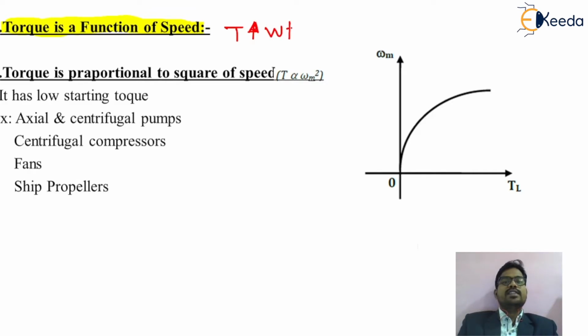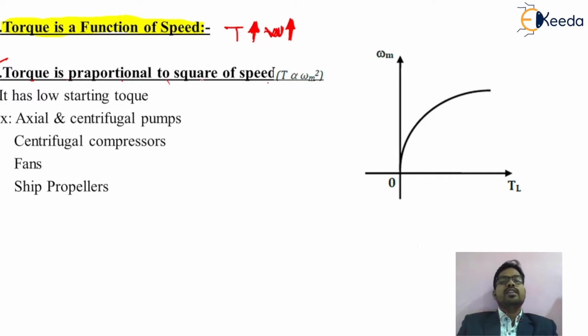First case, torque is directly proportional. What do you mean by the torque being directly proportional? If we increase the speed, the torque obviously increases. It is the first method, that is, torque is proportional to the square of the speed.